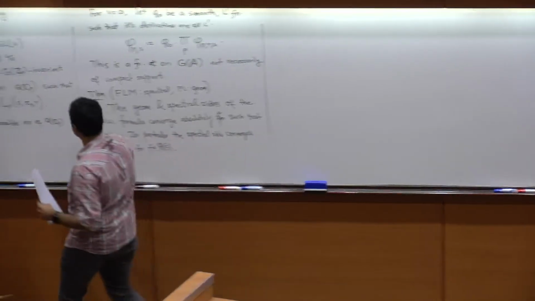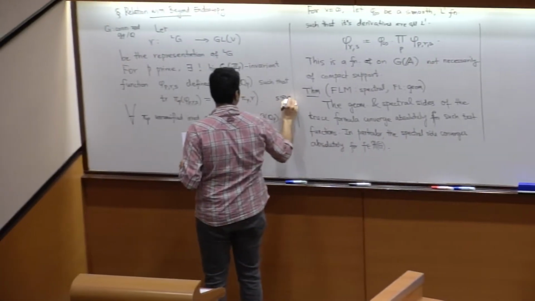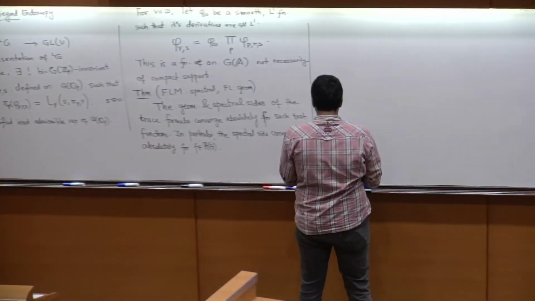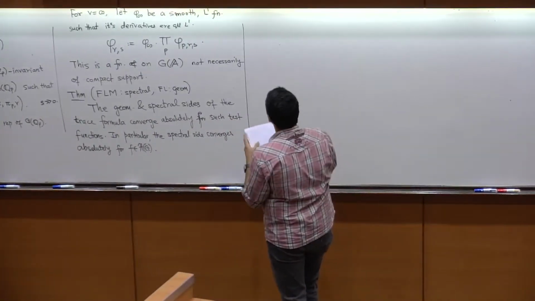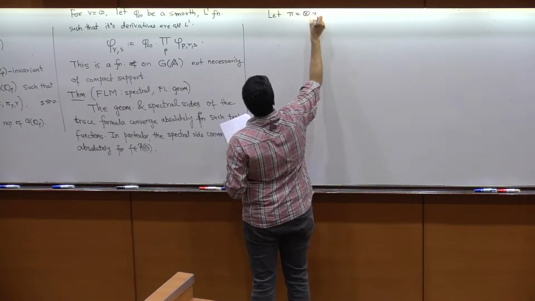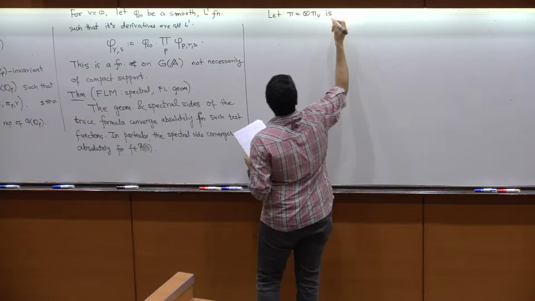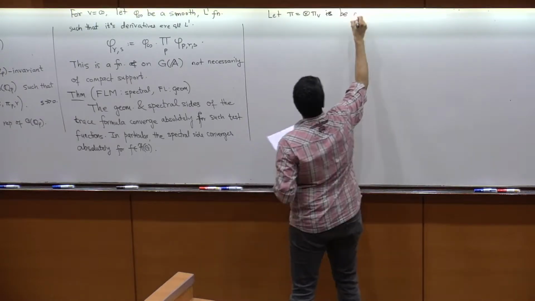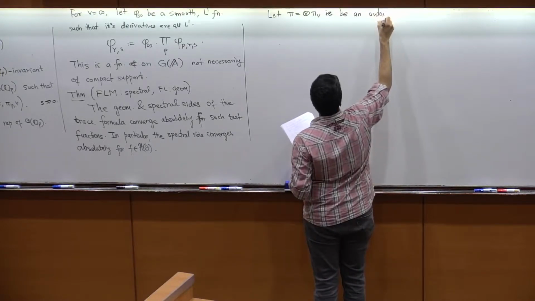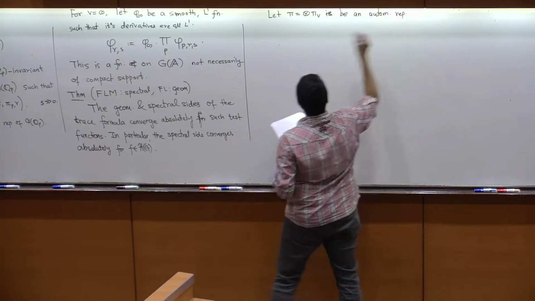S has to be large enough. So suppose pi is the tensor product of the pi_v, an automorphic representation in the discrete spectrum.